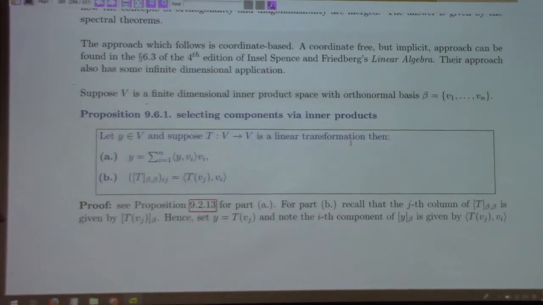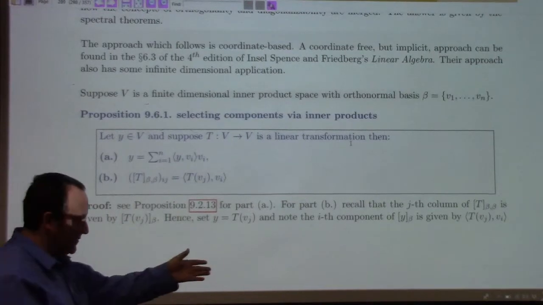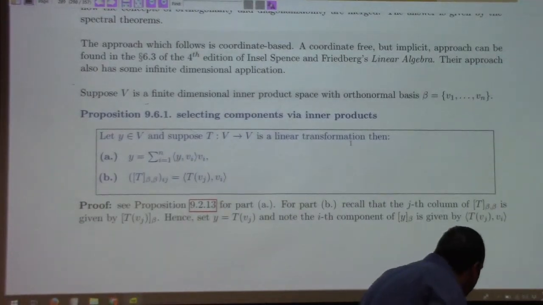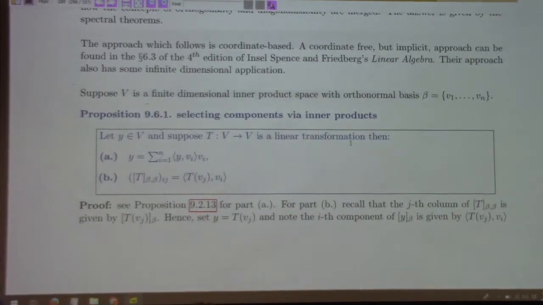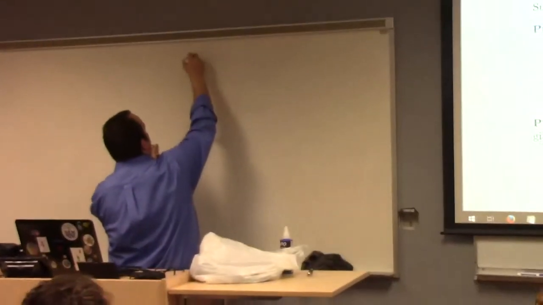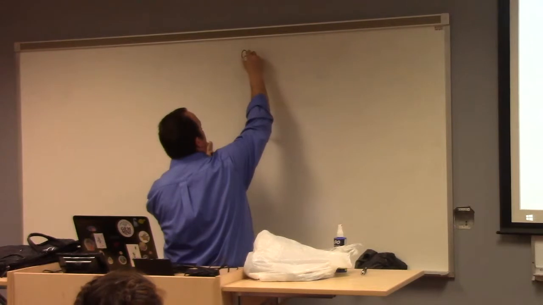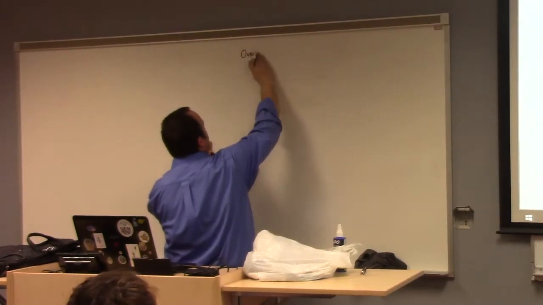So what I'm about to describe to you in the next 17 minutes is the real spectral theorem. The main point is this: I'll give you an overview, and then I'll read through it with you.